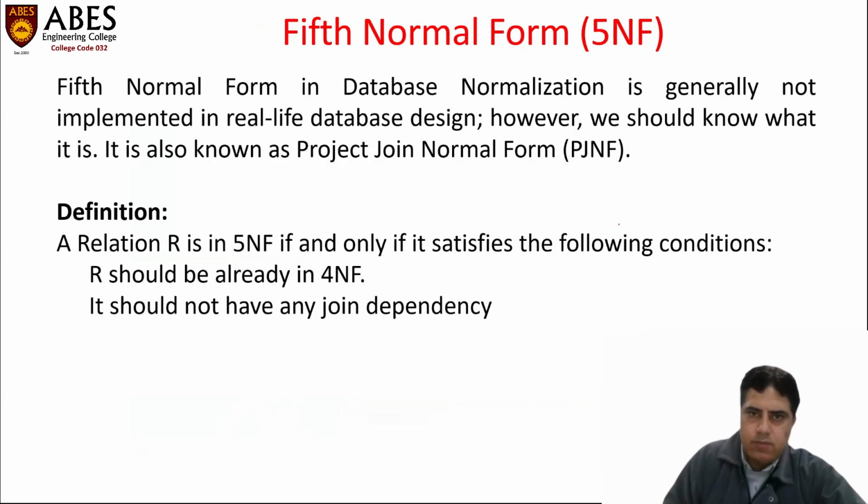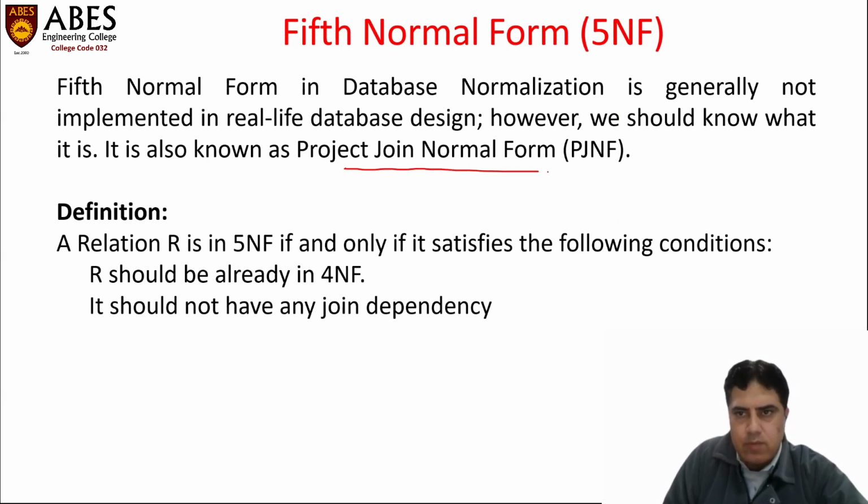So next is fifth normal form. This is also known as PJNF, Project Join Normal Form. This is generally not implemented in real-life database design. However, we should know what it is.